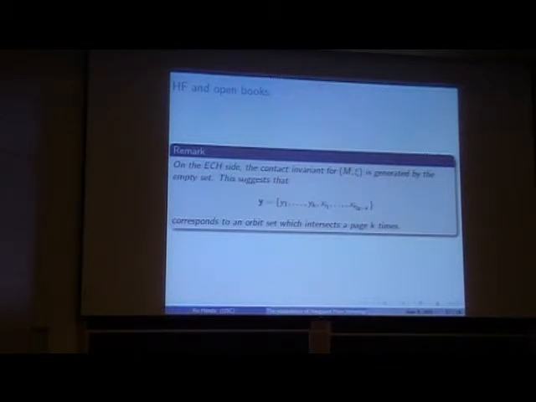The thing is, in Heegaard Floer homology you're always taking tuples, 2G tuples, exactly on the nose. Whereas in embedded contact homology, you're allowing yourself an arbitrary number of intersections. Roughly speaking, this is a way to relate them.